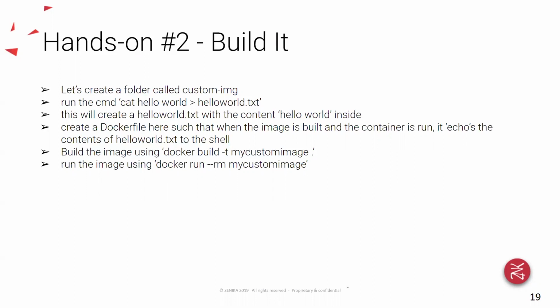Inside that Dockerfile, we are going to write our commands such that it copies over this file from our host machine into our container. And then in the command step, we're going to write something so that once we run the container, it ends up echoing the contents of this hello world.txt.